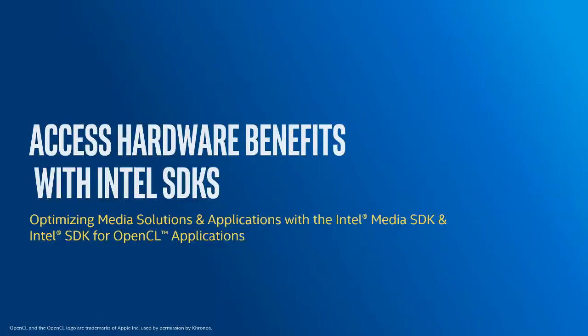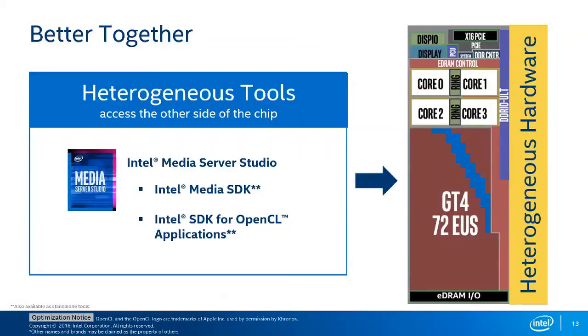So now I've gone through an introduction of the hardware that you're accessing, but unlike CPU programming, where you write directly to the hardware, accessing the heterogeneous components is a bit more complex, and the additional layer of some SDKs is needed to actually allow developer access to those hardware benefits.